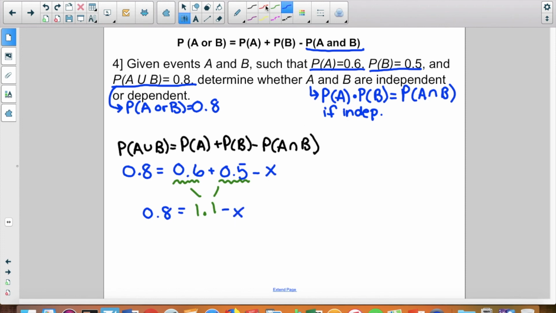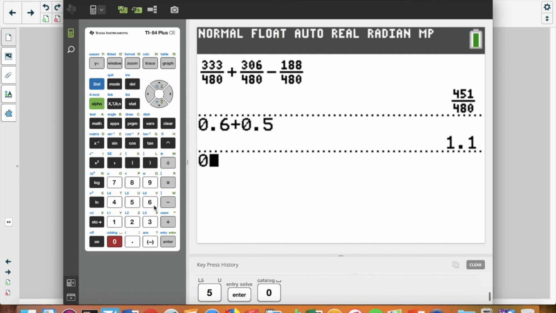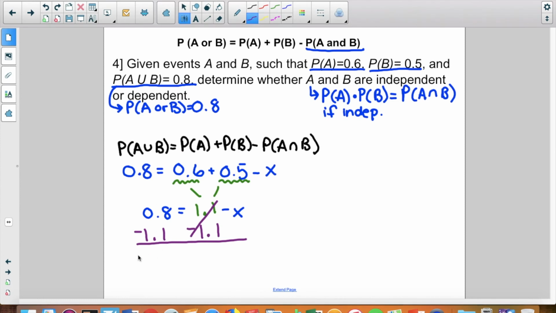Again, we're still solving, so what we can do now is subtract 1.1 on both sides because we are solving for x. Again, if you're not comfortable, use your calculator, and you get negative 0.3.